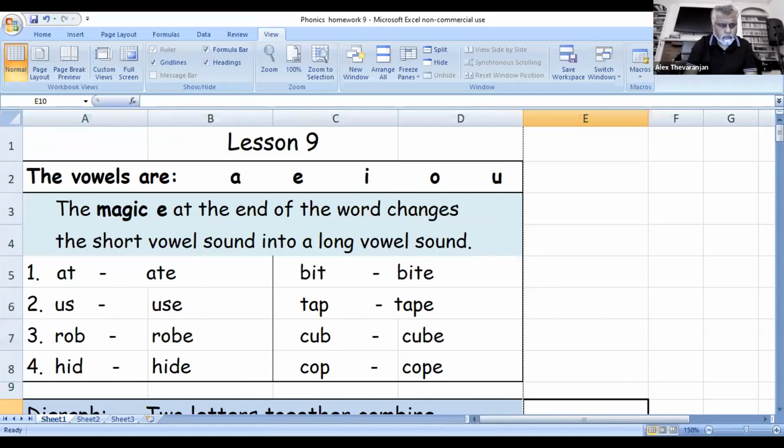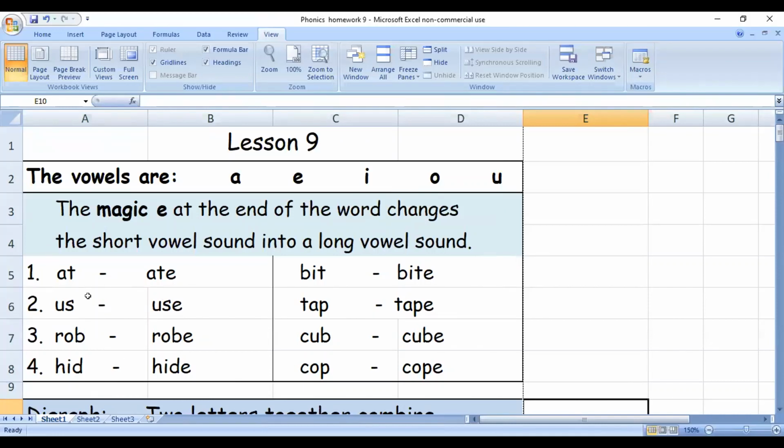So when you look at these words that I have done, I am going to add the magic E. Now if you read these words: at, us, rob, hid, bit, tap, cub, hop.